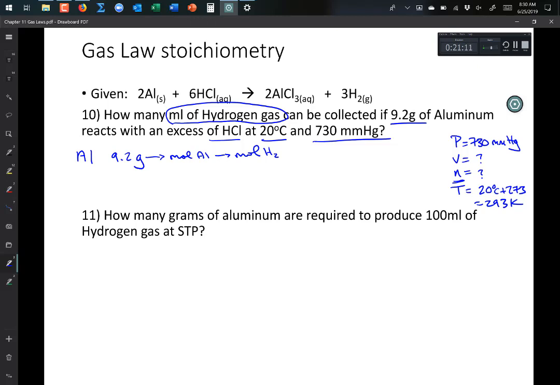You guys see how I did that? All right. I just laid out everything that I had. This is what you should do in a problem. Identify all the variables you're given, and then look for the relationships between them. So, in this case, the moles of H2 is going to be 9.2 grams of aluminum, molar mass of aluminum, 26.98.